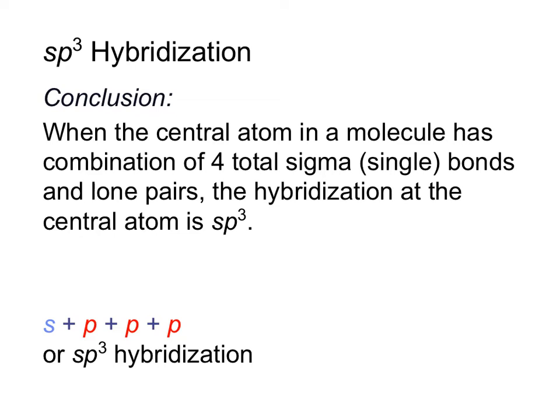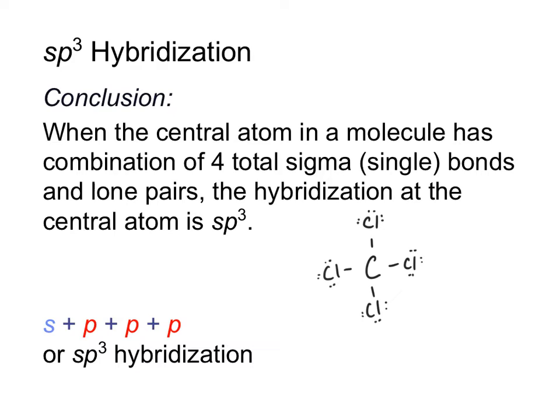And so to look at another example, maybe carbon tetrachloride. We see that we have 1, 2, 3, 4 sigma bonds.